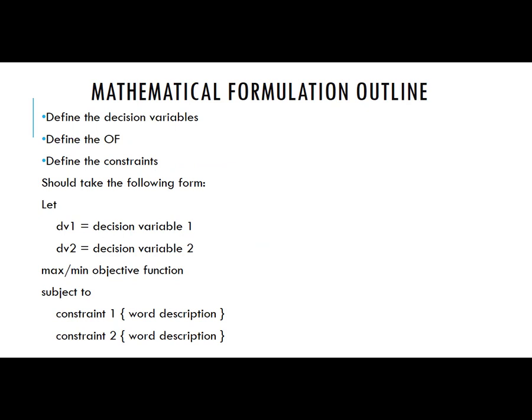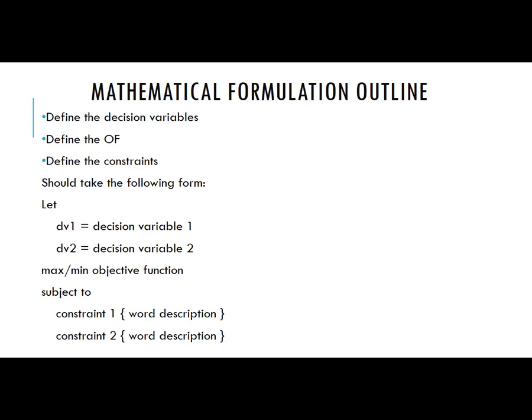You define the decision variables, define the objective function, and then define the constraints. So then it should take the form of let dv1 equal decision variable 1, dv2 equal decision variable 2, dv3 equal decision variable 3, however many variables we need, and then maximize or minimize that objective function subject to the constraints.